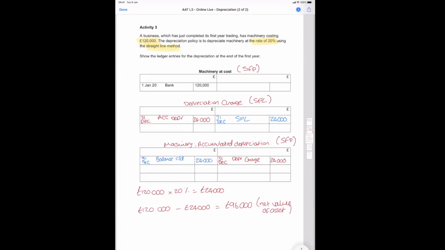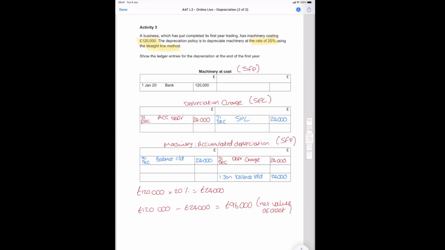Okay, which then on the 1st of Jan becomes our balance brought down of 24,000. Okay, so we're starting the year with that accumulated depreciation.